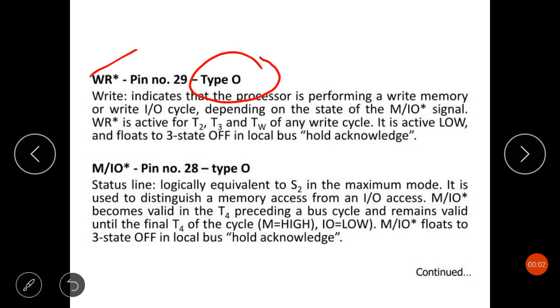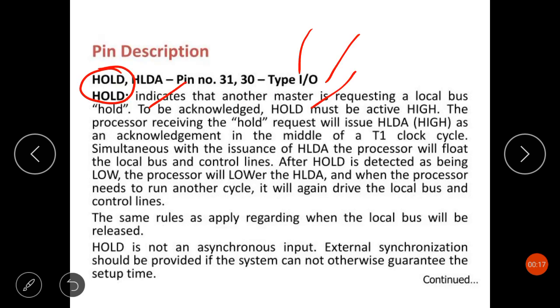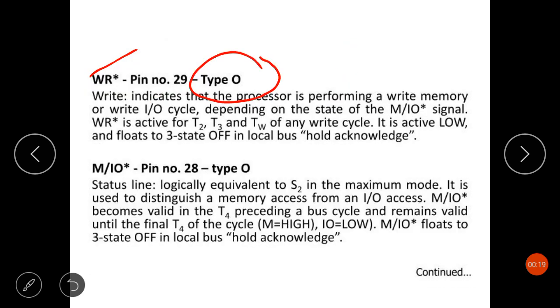Hello students, so moving ahead with the last lecture where I was discussing the 8086 microprocessor minimum mode pins. I discussed WR bar, and I discussed HOLD and HLDA pins. The next pin is M/IO bar.